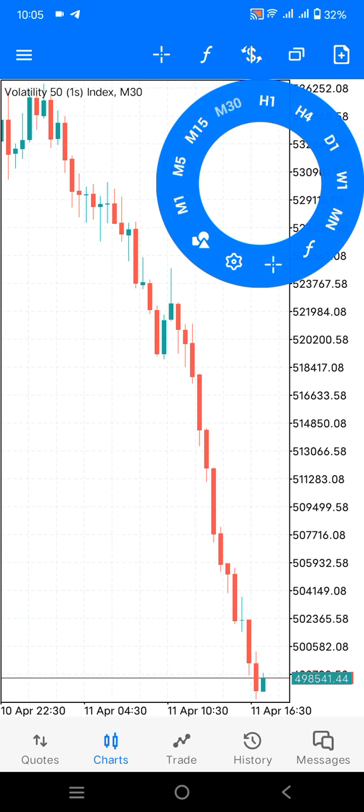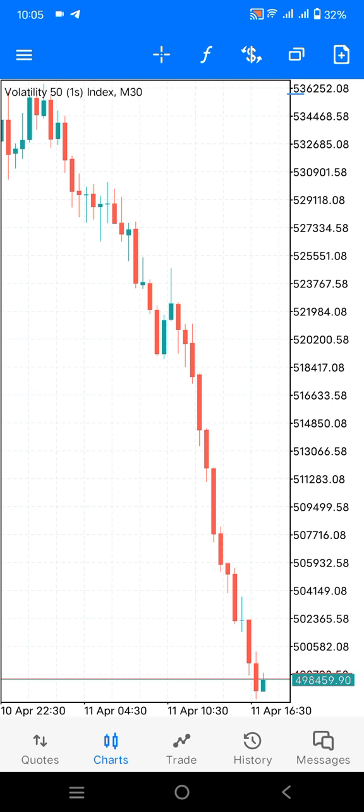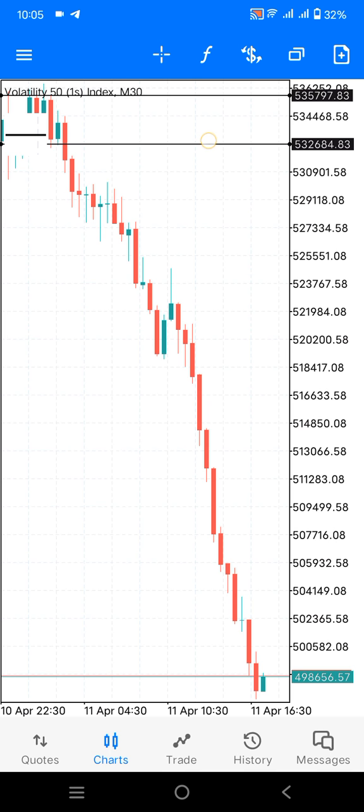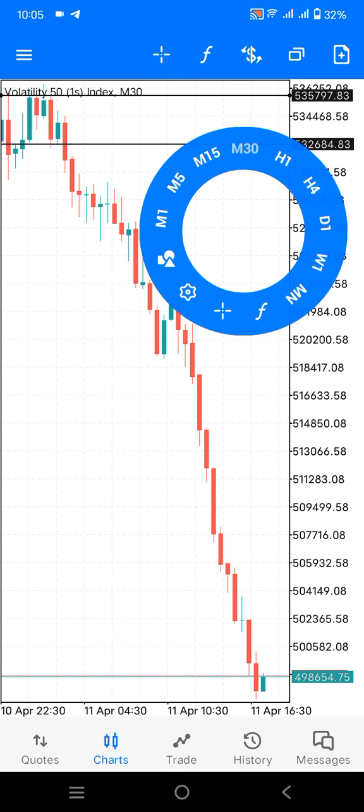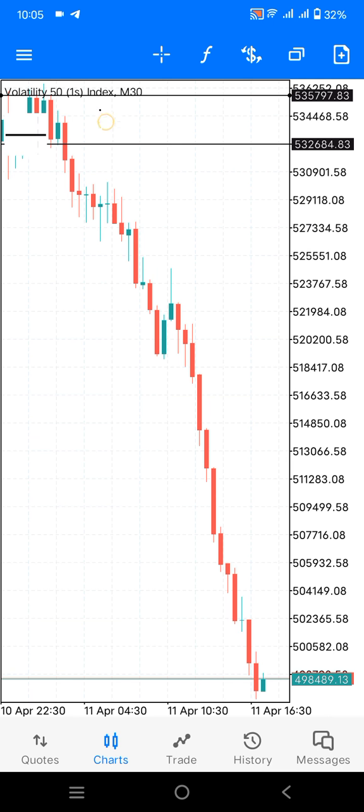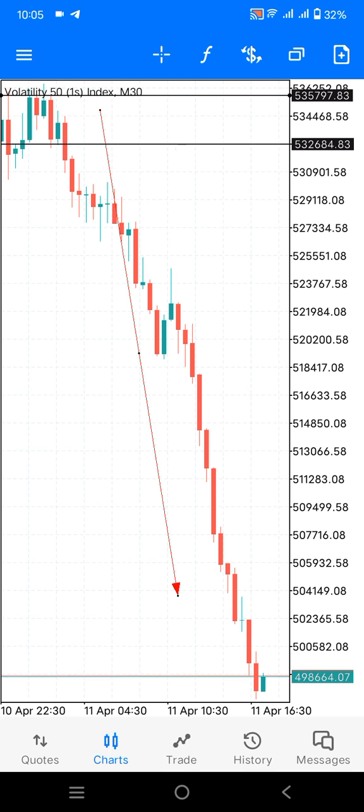Let's go and mark the IB range, the high area and the low area. The market just broke this support and started going down.